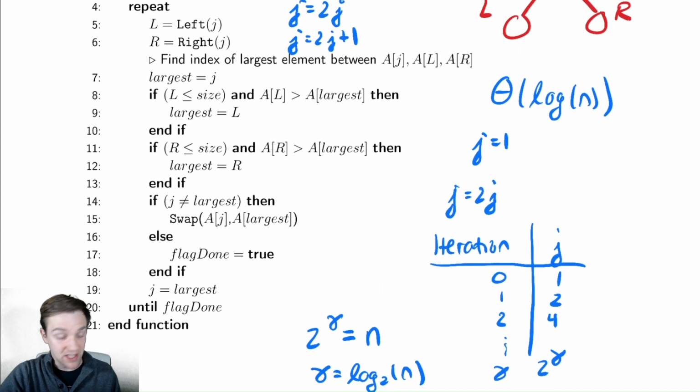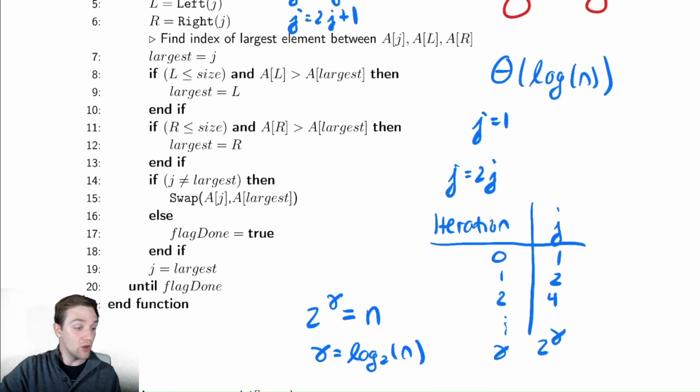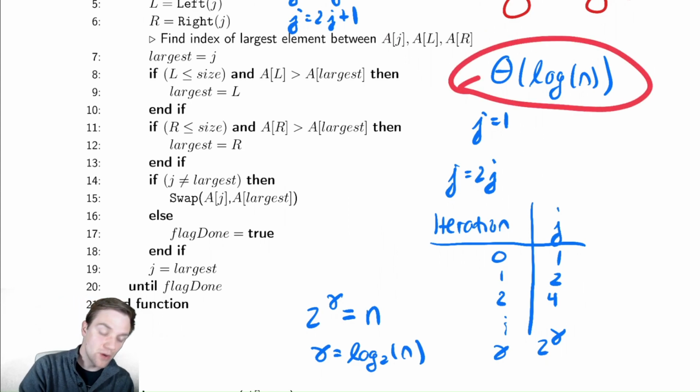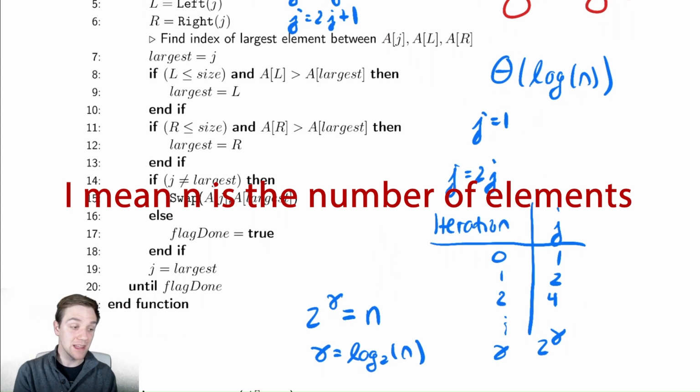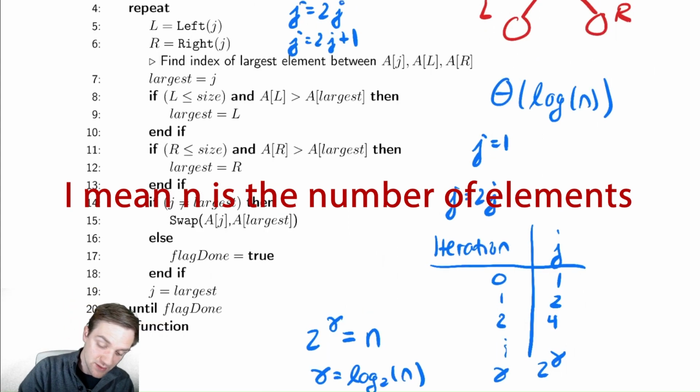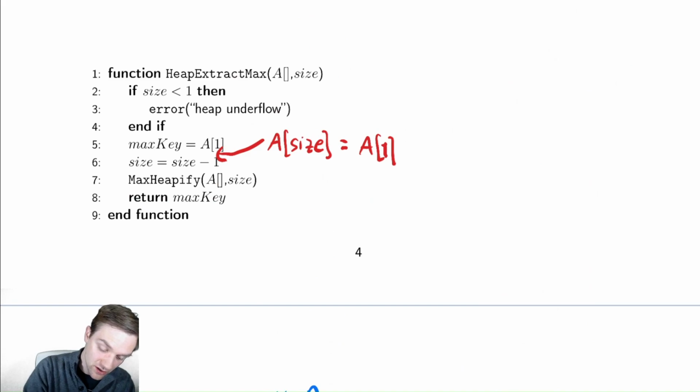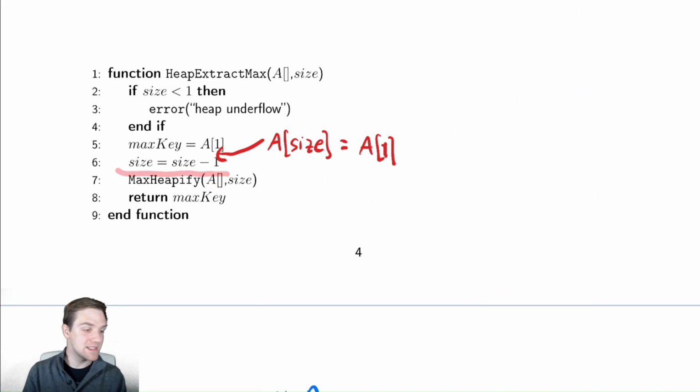So again, with a more rigorous analysis, we also can arrive at the fact that this is in theta of log of n. And this is the runtime we will typically use. Notice that n is the number of elements in the heap. We may actually be storing, as we've seen in this code up here, fewer elements than the array's size, so we'll need to keep that in mind.